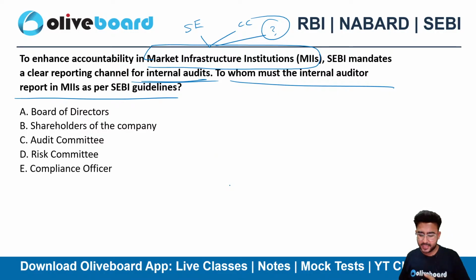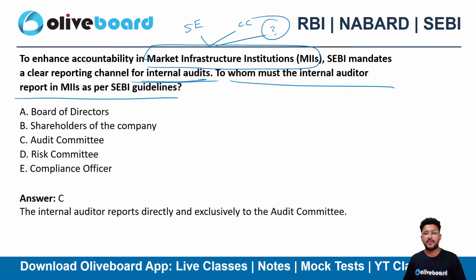So I can say this is a dynamic question plus a static question as well. Because when you will be reading the chapter corporate governance in banking in your finance syllabus RBI, you will be studying a chapter audit committee, you will be studying a concept audit committee. So वहां पे पता चलता है कि ऑडिटर जो होता है दे रिपोर्ट टू दी ऑडिट कमिटी, राइट? ऑडिट कमिटी बनती है तो.